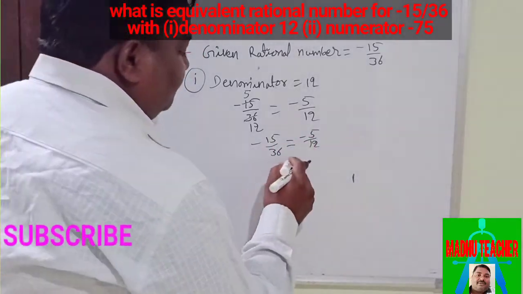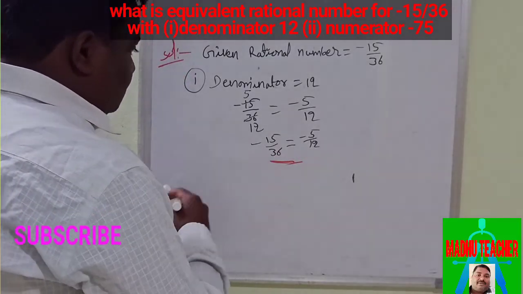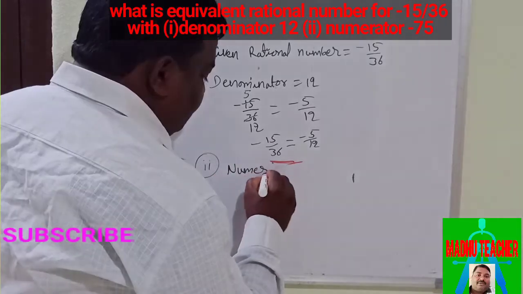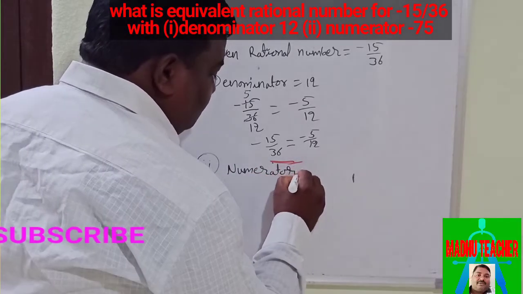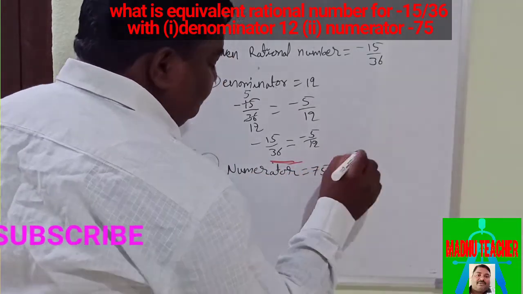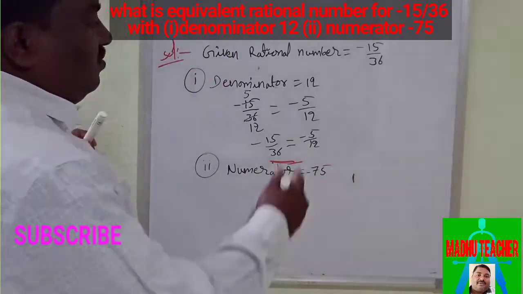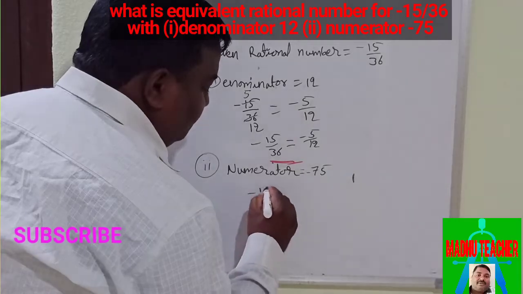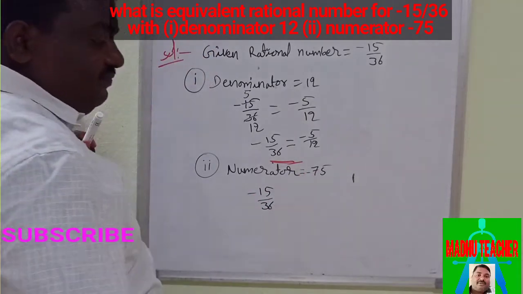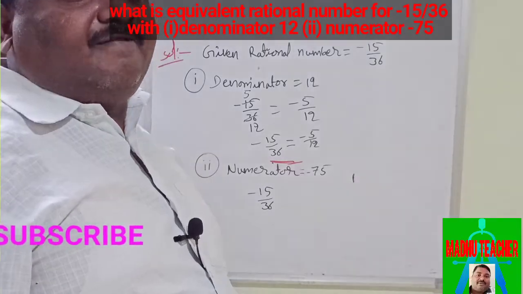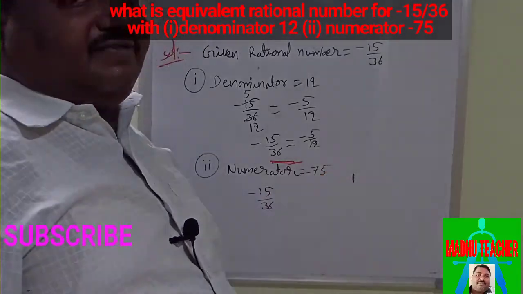Now the second one. What is the second one? Numerator equal to 75. It's minus 75. Actually it is minus 15 by 36. So how can you get 75? By multiplying with 5. 15 5s are 75.